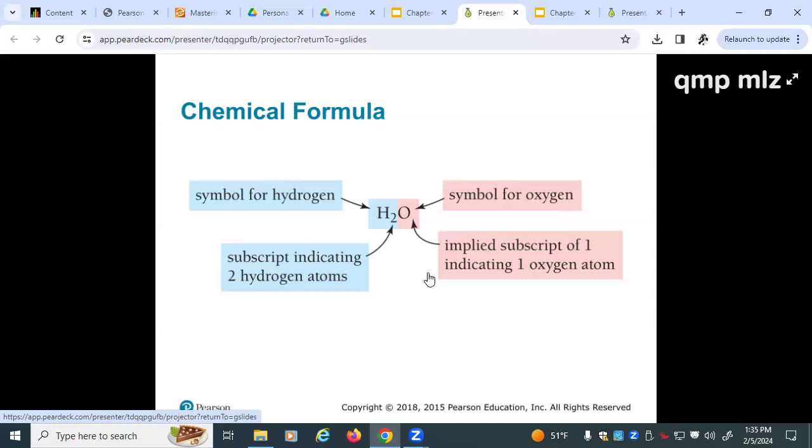We just assume that if there is no subscript number associated with an element, that means that there's only one of that atom, one of that element in that compound. So again, H2O, the 2 here tells us we have 2 hydrogens. The lack of a subscript there tells us we only have 1 hydrogen. Or excuse me, that we only have 1 oxygen.